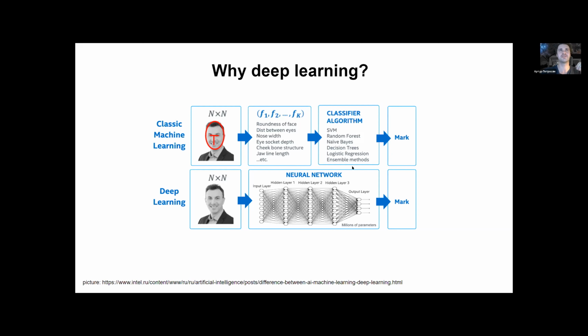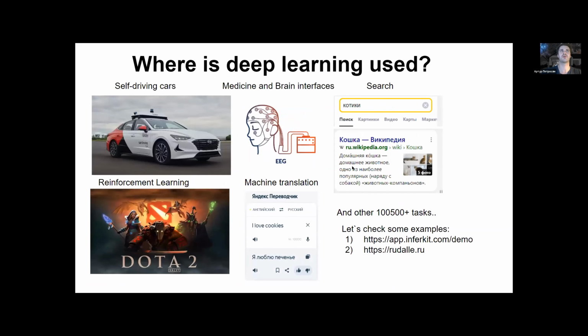So let's also think about where deep learning is used. Basically, nowadays it's used almost everywhere, every time you need to solve some complex problems. For example, when you use Google to search something, or when you translate language, you basically use deep learning.